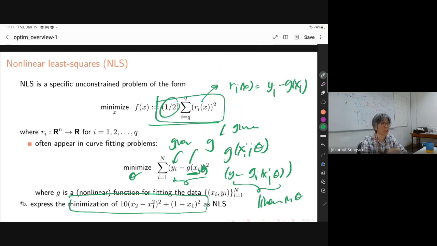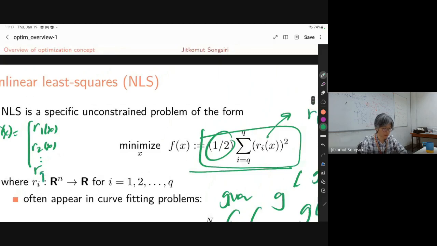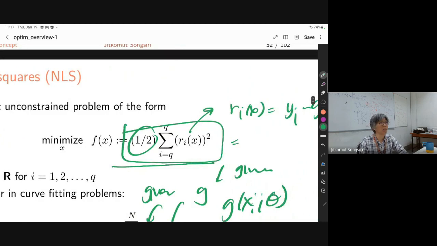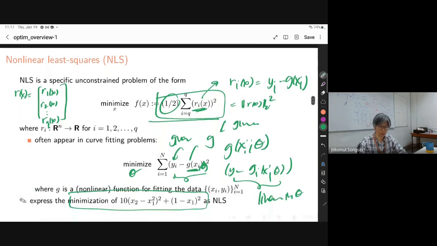If you take a look, it is the same thing as, I have the residual vector R1, R2, dot dot, Rq, right? And the sum square is the same thing as the norm of the residual vector squared. The term nonlinear means that this residual R is a nonlinear function in x. If you come back to this notation, if it's nonlinear, it means this residual is nonlinear in theta.